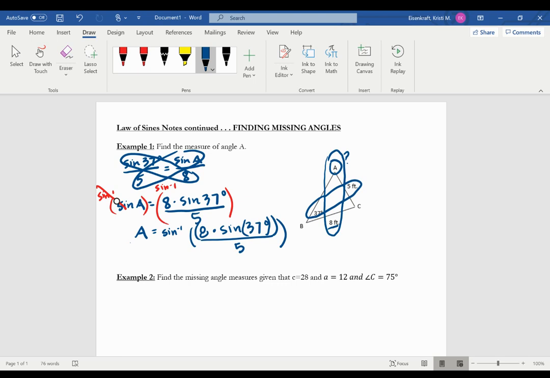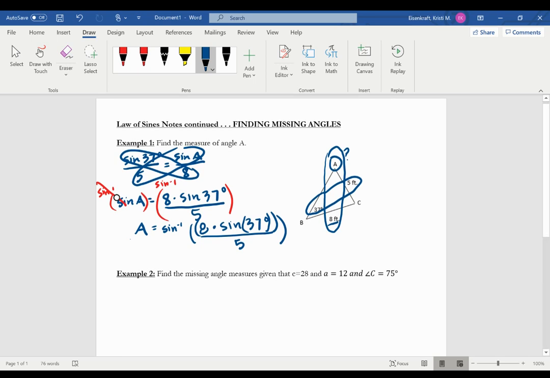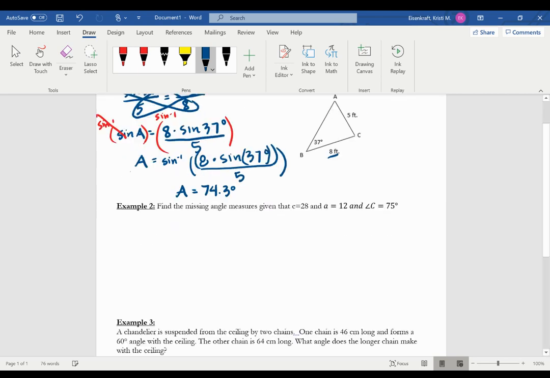And I'm going to get A is equal to 74.3 degrees. We just found angle A. It looks reasonable. It's nothing crazy. 74.3 degrees. Okay, moving on.